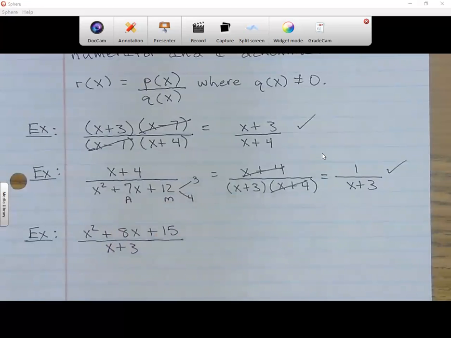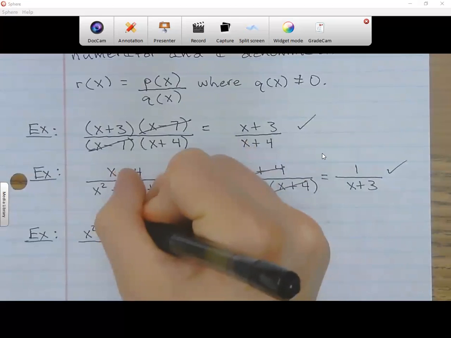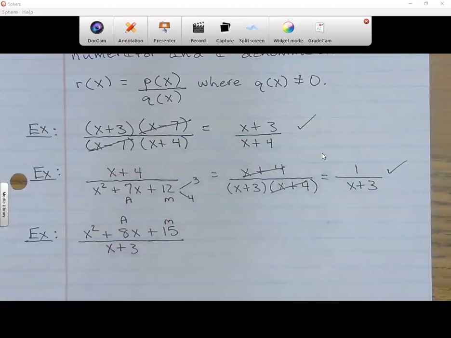No, it's just x plus 3. I can't factor that any more than it's already factored. But on the top, how can I factor this? I've got to do the same thing as the last time. I've got to multiply to the last number, and add up to the middle number. So I need to find two numbers that'll multiply to 15: 3 and 5. Those also add up to 8. So those are the two numbers I'm going to be using, 3 and 5.